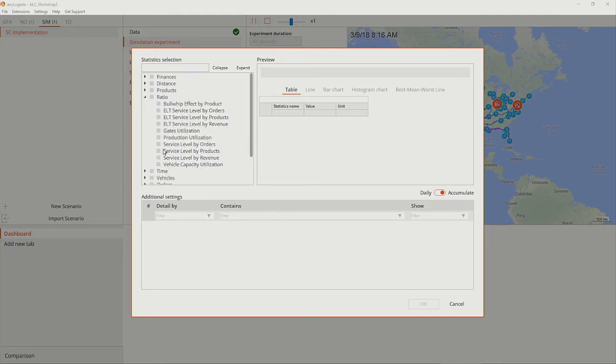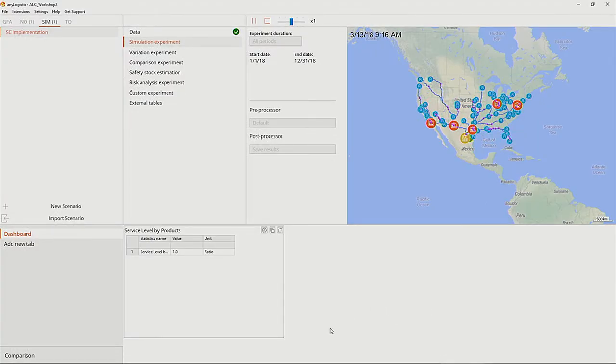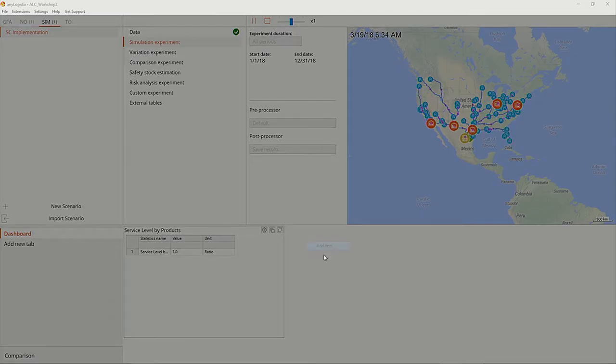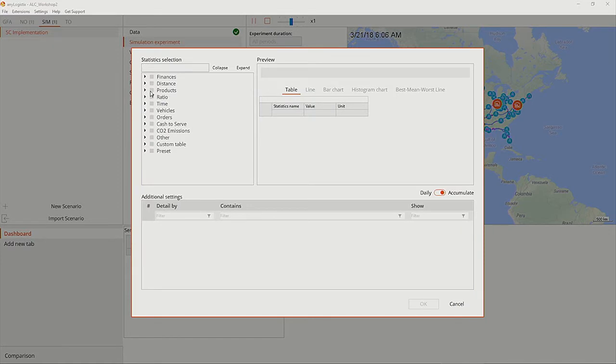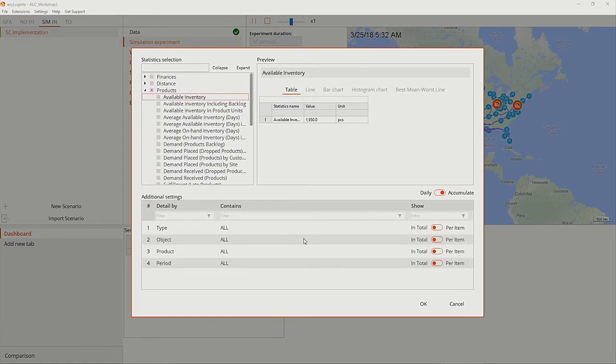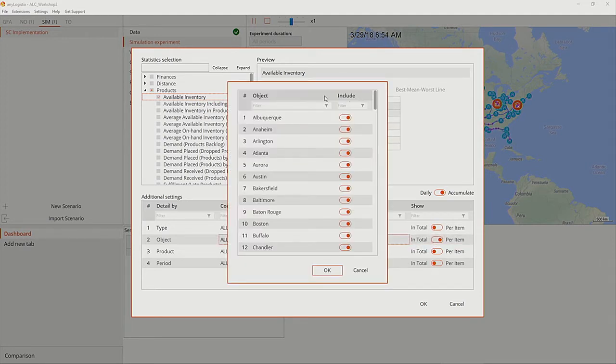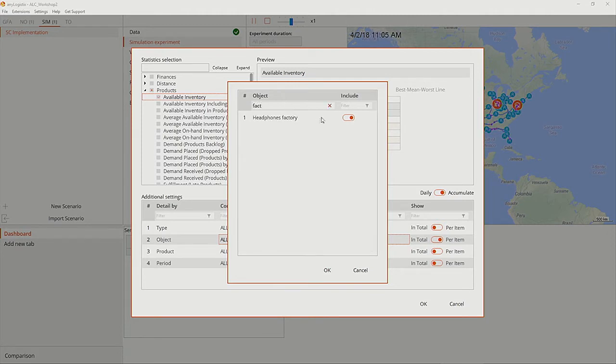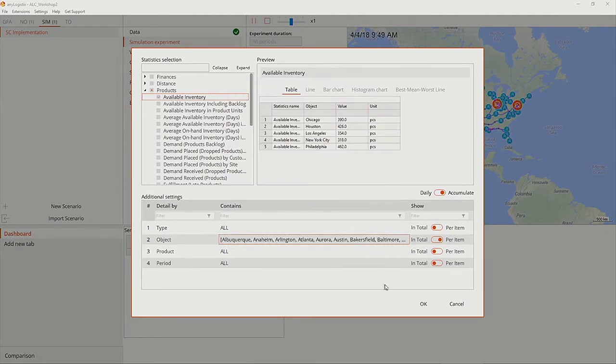I will start with service level. And we see that it's 1, so 100%. I will also add statistics about available inventory on each facility except the factory, because it's our main interest.